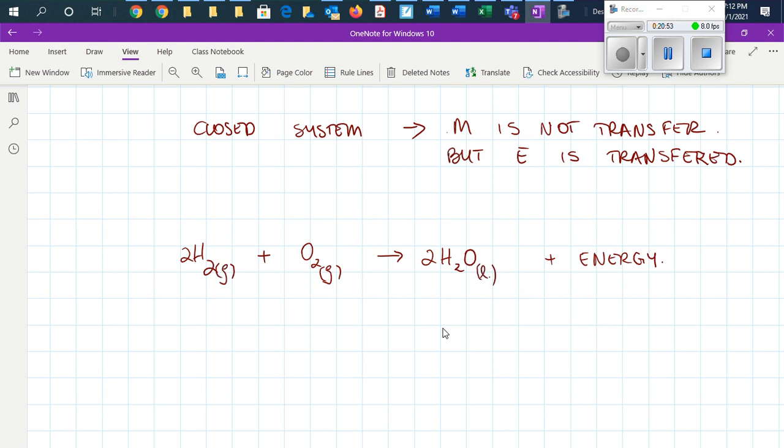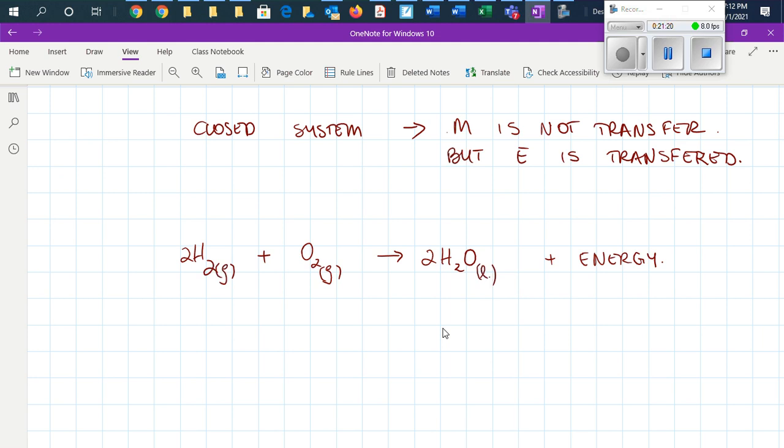So the energy cannot be created or destroyed, but is transformed from one form to the other. Any lost energy of the system will be the gained energy of the surrounding, or any lost energy of the surrounding will be gained by the system.